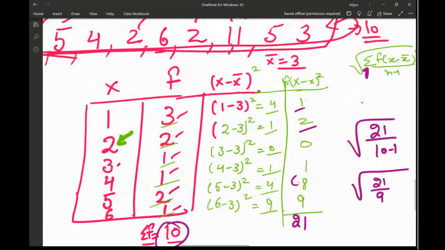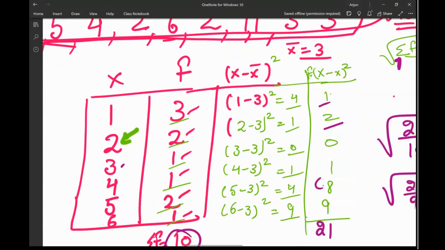I think yes, I know where I made the mistake, because I was creating a question out of my own mind. So how many data points are 1?